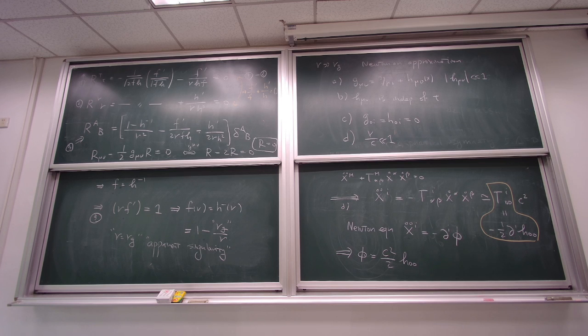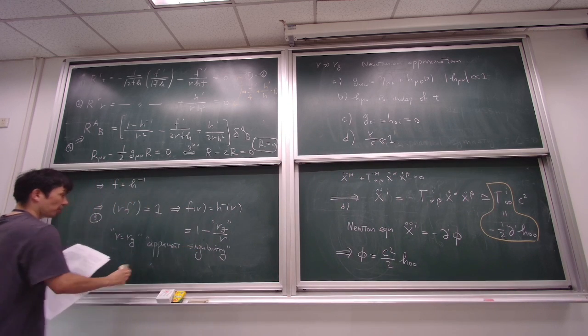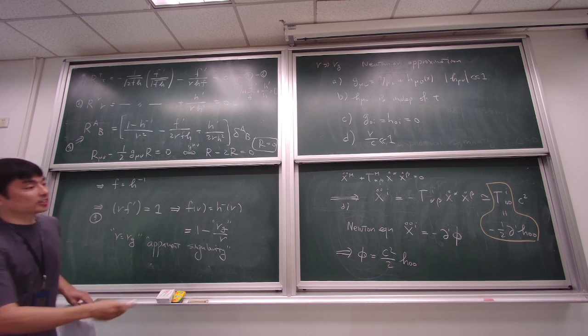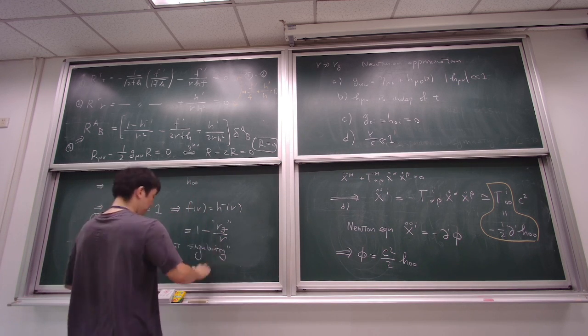Fine. So if you are far from the radius, you can determine that this h00 is in fact this guy, right?